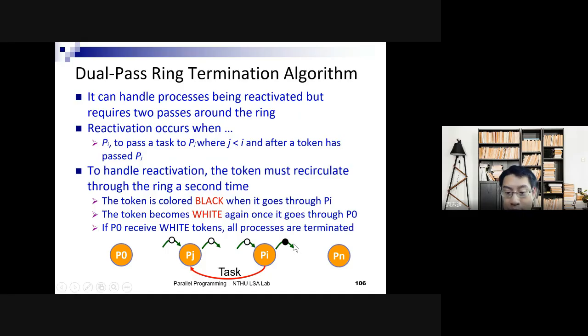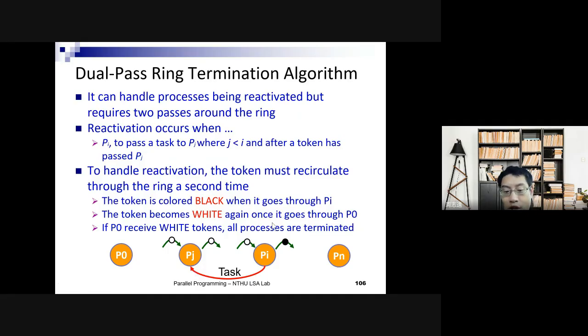But if a backward message happened, then PJ could be reactivated. So whenever there's a backward message, it is possible to have a reactivation on some processes.